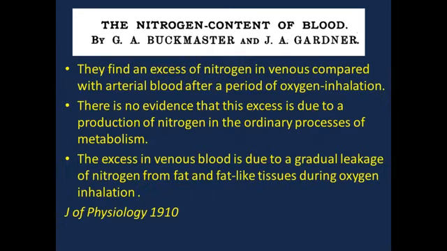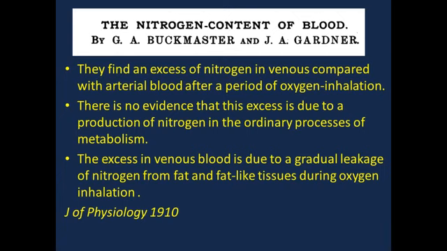And then there is another study published in the Journal of Physiology in 1910, almost 108 years ago. But it was a very interesting study. They studied the nitrogen content of the blood, and they found an excess of nitrogen in the venous compared to arterial blood when you are inhaling oxygen.